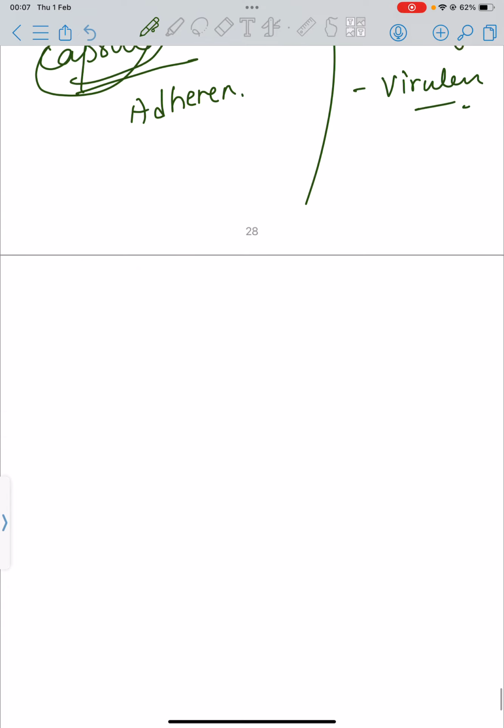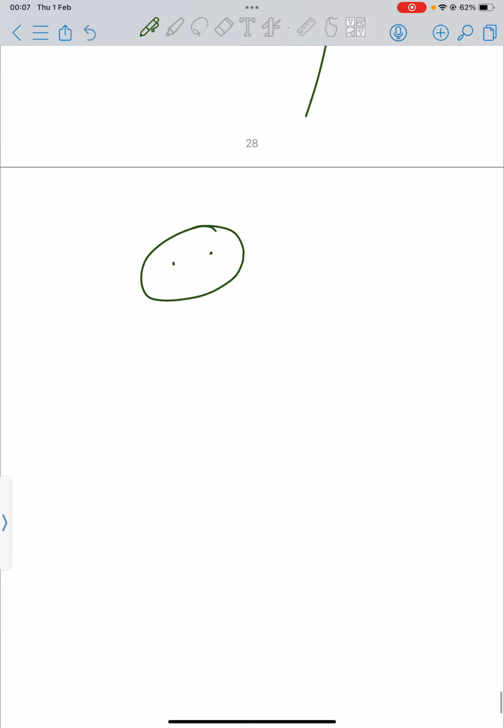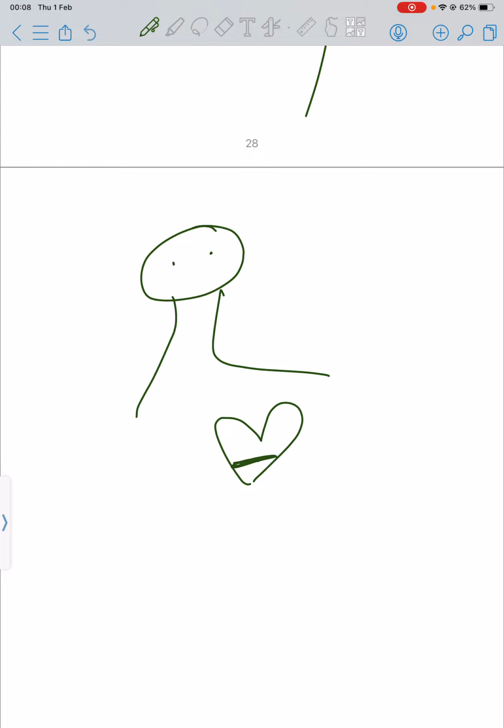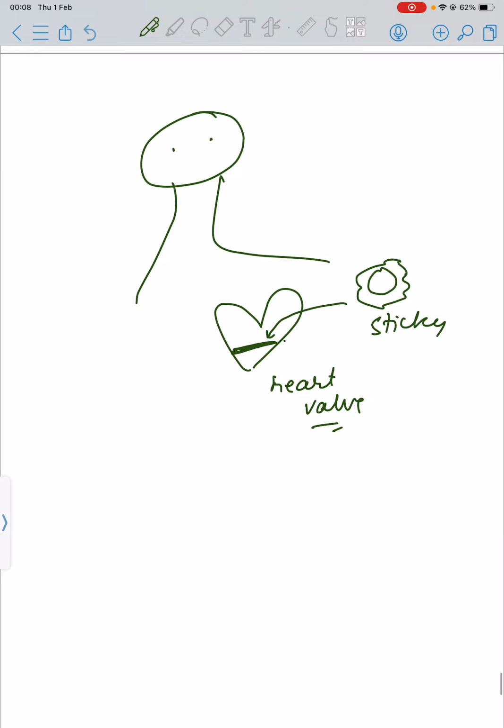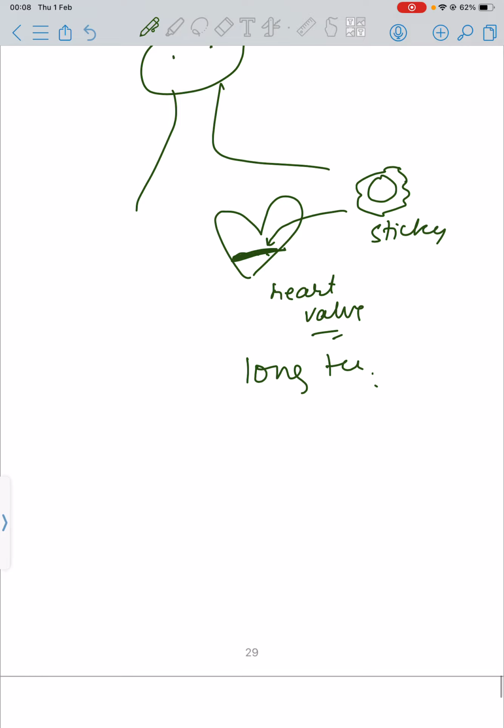Now I'll show you an example. Suppose a person has a prosthetic heart valve. If the bacteria has glycocalyx, then it will be very sticky and it will stick to the heart valve. If it sticks to the heart valve, it will cause a long-term infection, and this is responsible for its virulence.